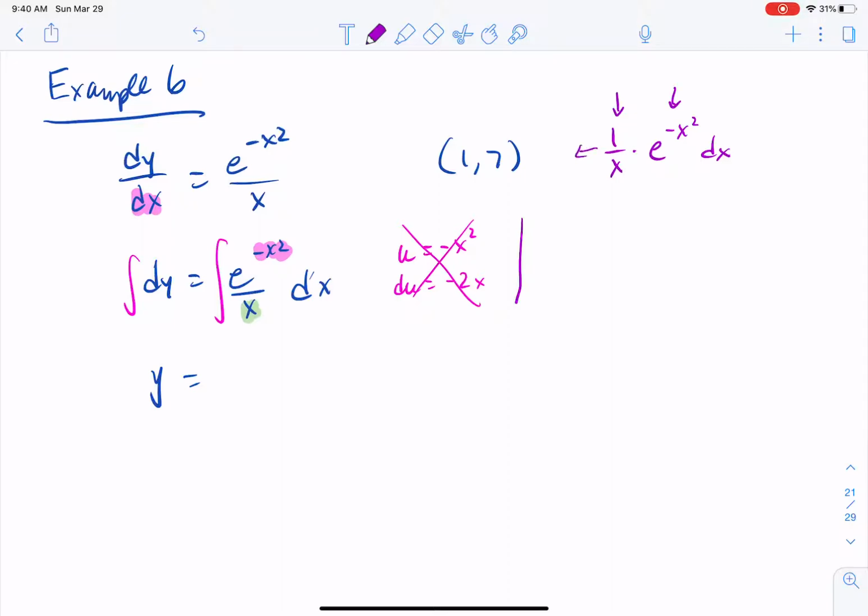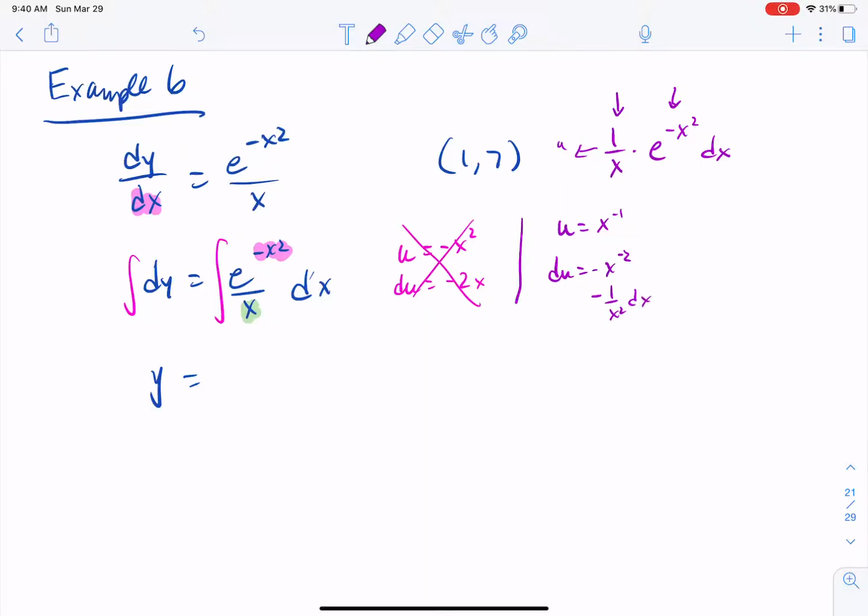This one is closer to the u in LIPET, so u would be equal to x to the negative 1, and then du would be negative x to the negative 2, or if you prefer, 1 over x squared dx.